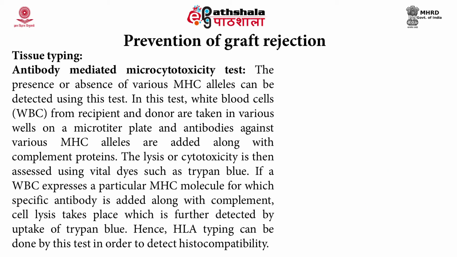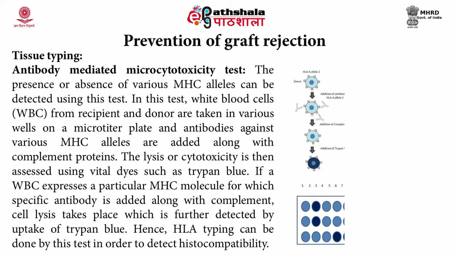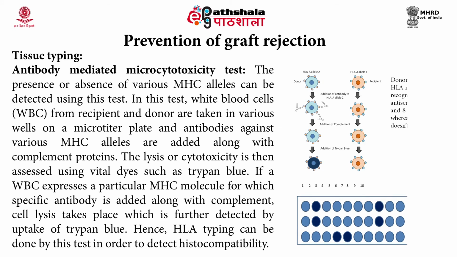Yet another mechanism is the antibody mediated microcytotoxicity test. The presence or absence of various MHC alleles can be detected using this test. In this test, the WBCs from recipient and donor are taken in various wells on a microtiter plate, and antibodies against various MHC alleles are added along with the complement proteins.